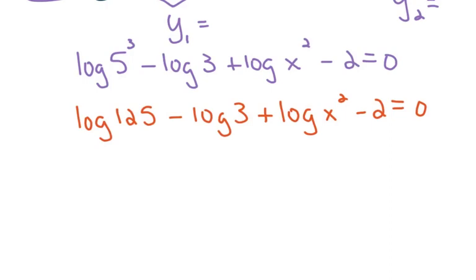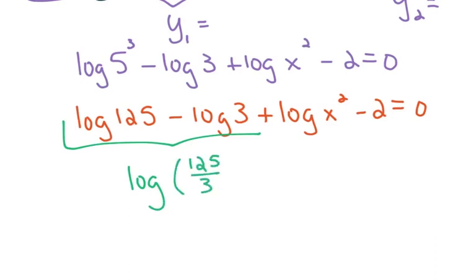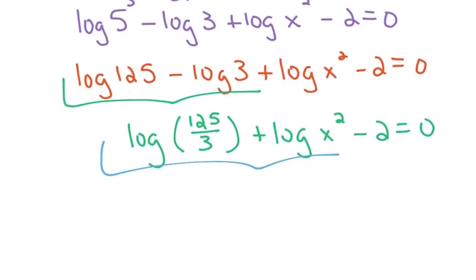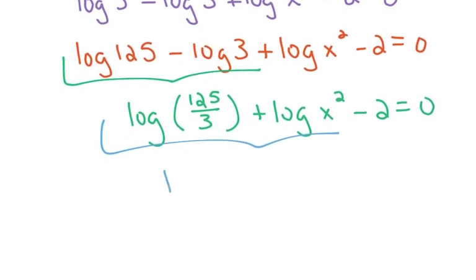Now, I'm going to go from left to right to simplify this. So from left to right, first I have a subtraction problem. This is going to get rewritten as the log of 125 over 3. And now I have an addition problem. So that's going to get rewritten as the log of 125 over 3x squared.